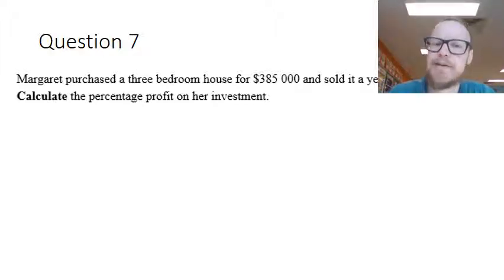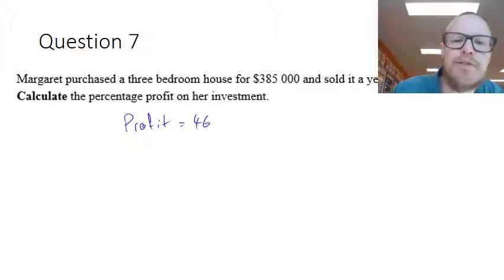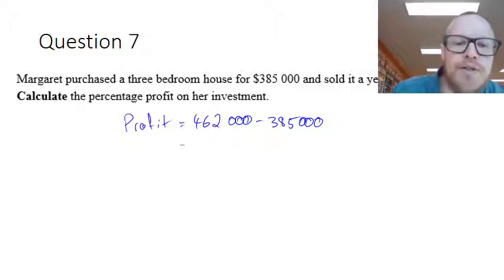Margaret purchases a 3-bedroom house for this amount and sells it a year later for that amount. Calculate the percentage profit. So let's work out the actual profit first. So the actual profit is going to be the difference between the two values, 462,000 minus 385,000. So we get that the actual profit is $77,000.